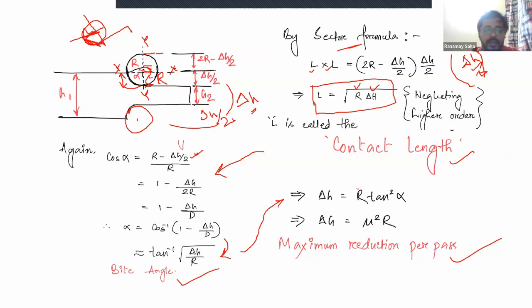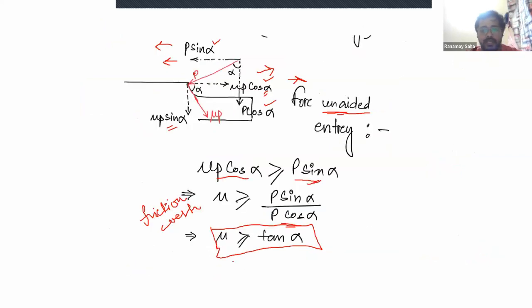You just square both sides, and then you can see that tan square of alpha multiplied by the radius of the roll R gives you the maximum reduction per pass del h. Again, we have just seen in the last slide that mu should be greater than or equal to tan alpha.